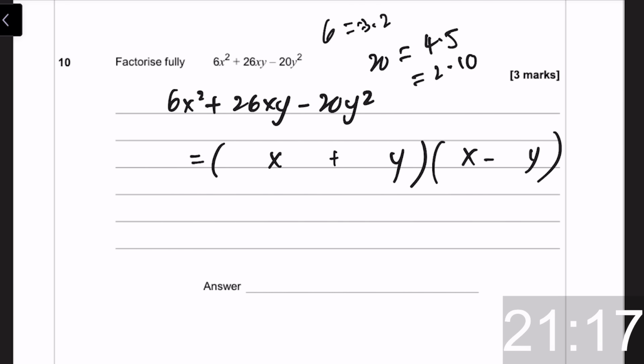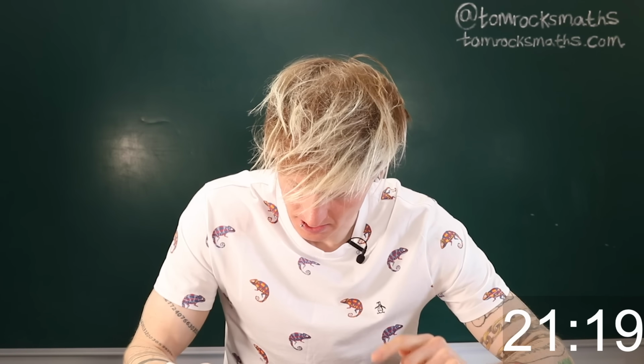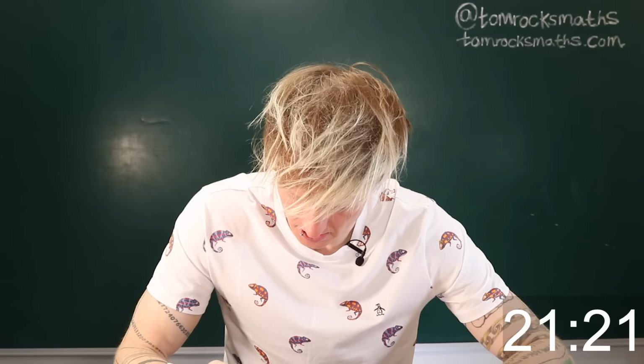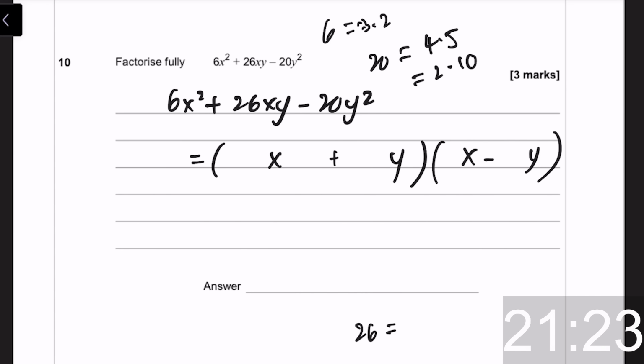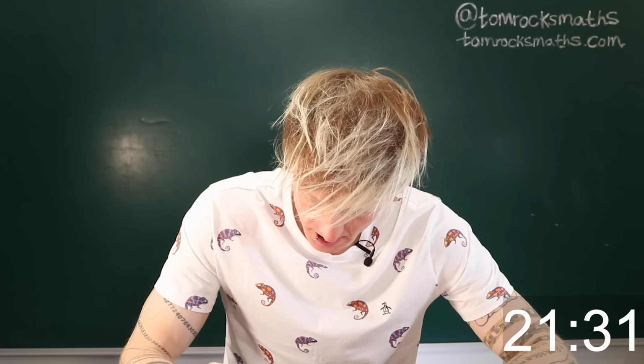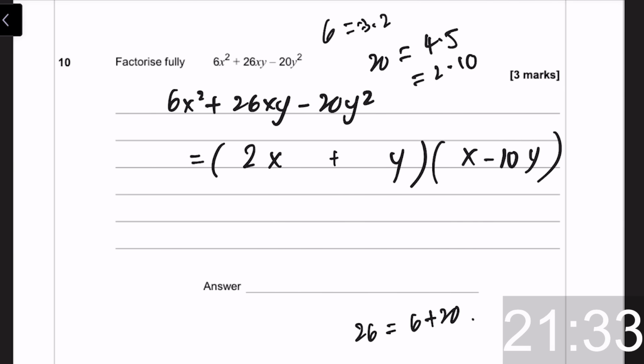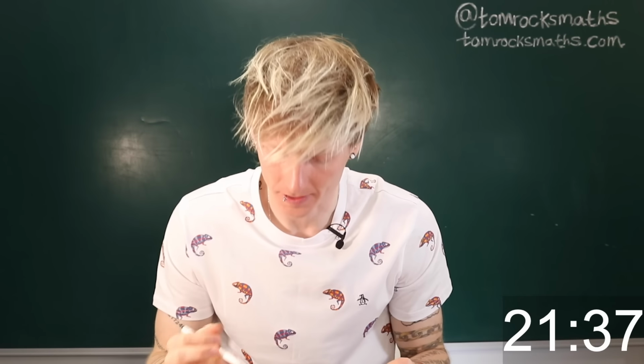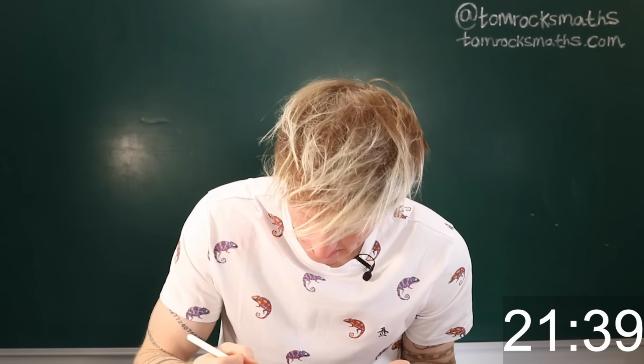So I need to make 26. So what's 26? I can do like a 6 plus a 20? Yeah. So if we did the 2 with the 10, okay, so 2x, yes, with the 10. And then we need a 3 and a 2. Might be the one. Let's check.